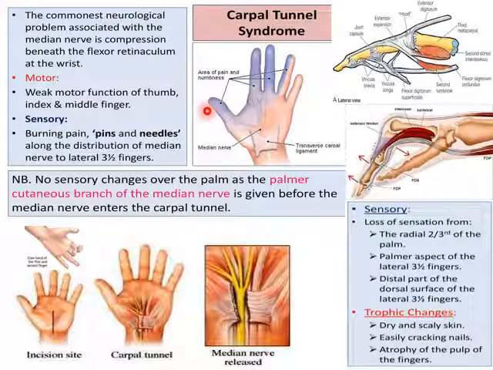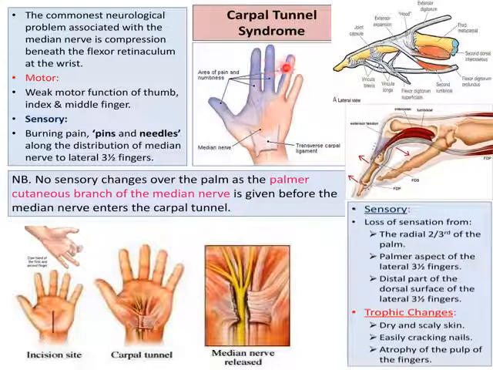The numbness and tingling sensations, the burning and pricking sensations, are classically described as pins and needle sensations. The center of the palm and the thenar eminence are spared because the palmar cutaneous branch of the median nerve, which supplies the center part of the palm and the thenar eminence, is given out proximal to the flexor retinaculum, or in other words, before the median nerve enters the carpal tunnel.